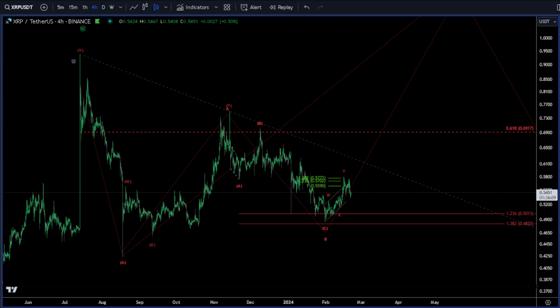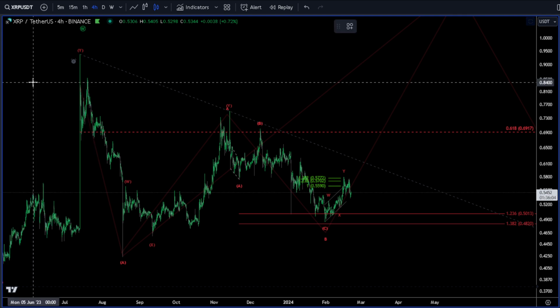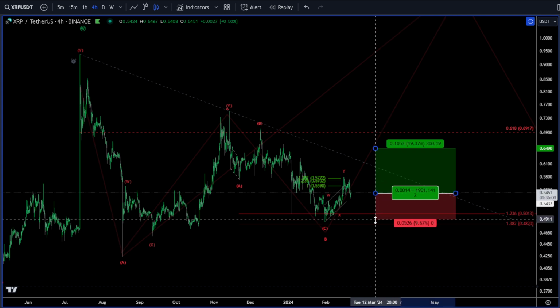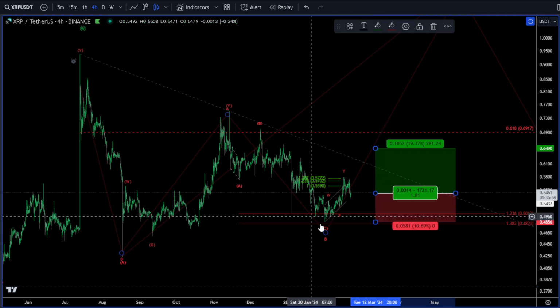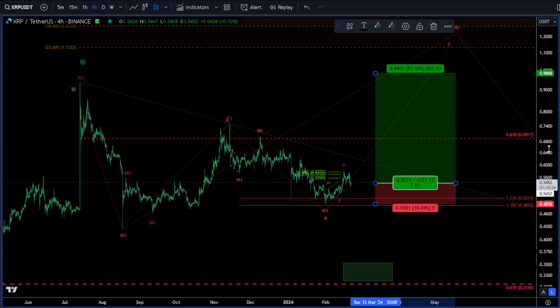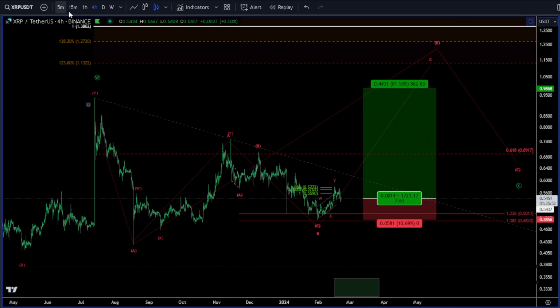So my stop for this trade setup, I'll probably end up taking it twice. I'm going to take one here, put the stop at this level, this B wave, targeting first that one-to-one. Where did it go here?